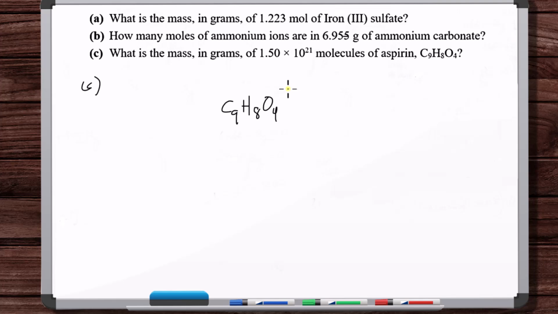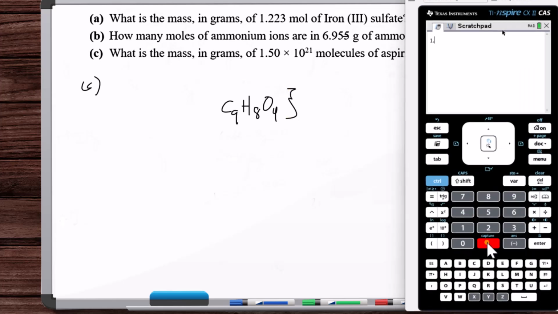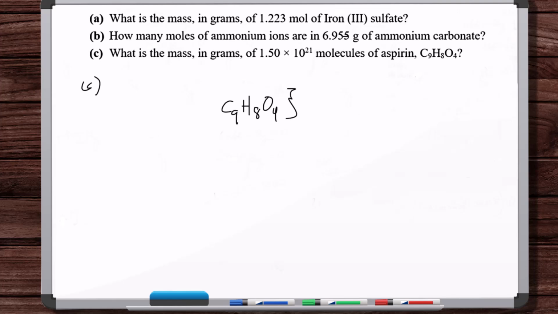So we're starting off with 1.5, and we want to divide this by 6.022, so 0.002491 moles of aspirin.